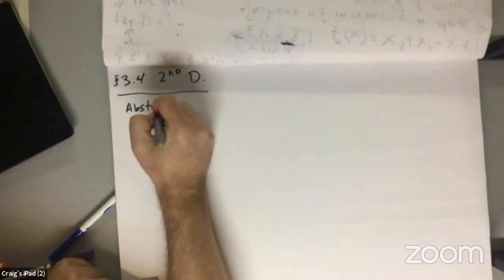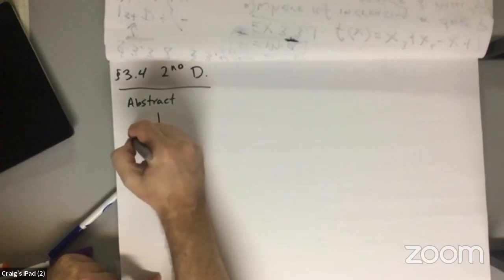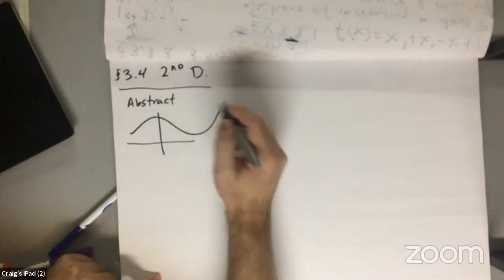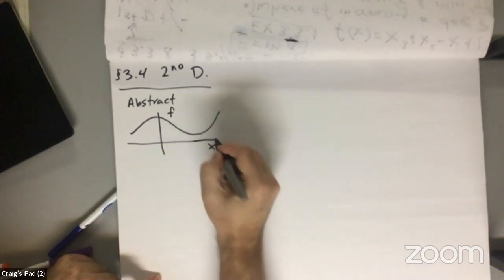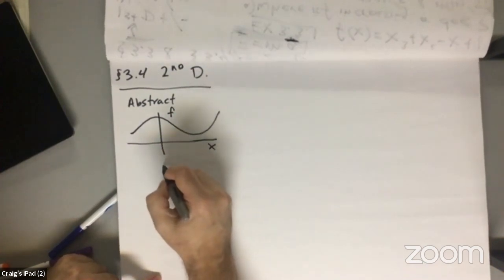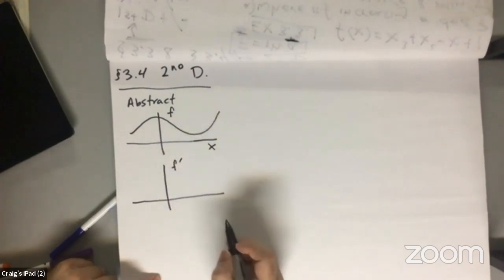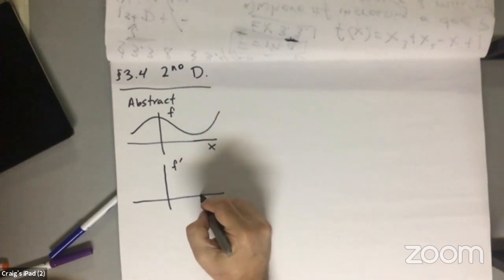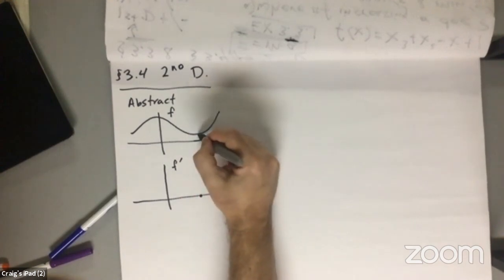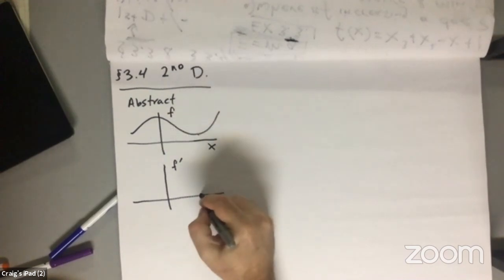Okay, and so first I'm going to do this abstractly to talk about the ideas. In other words, I'm just going to graph some function. So this is my function f, and here's my x values. And then I want to know, what does the first derivative look like? Well, just like we did last time, where the function is flat at a minimum right here, the first derivative is 0 because the slope is 0.